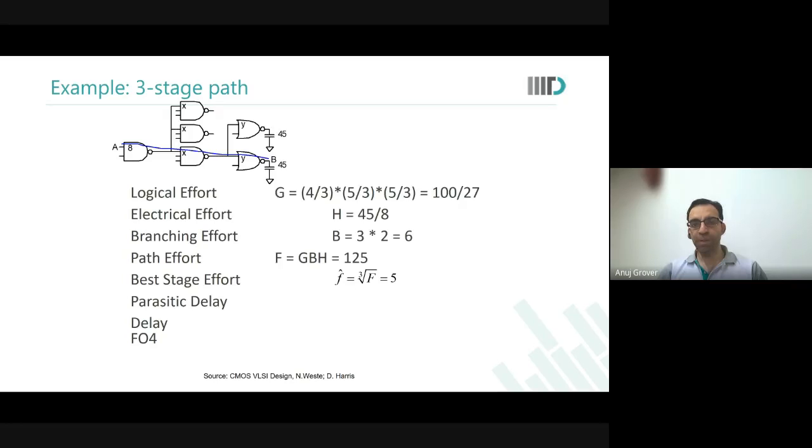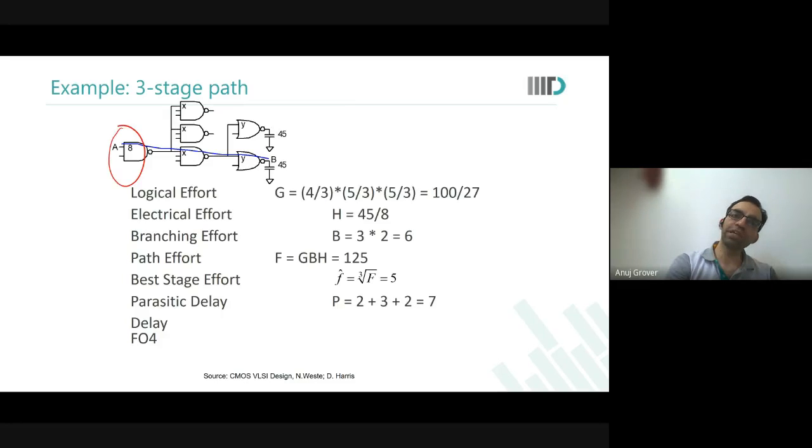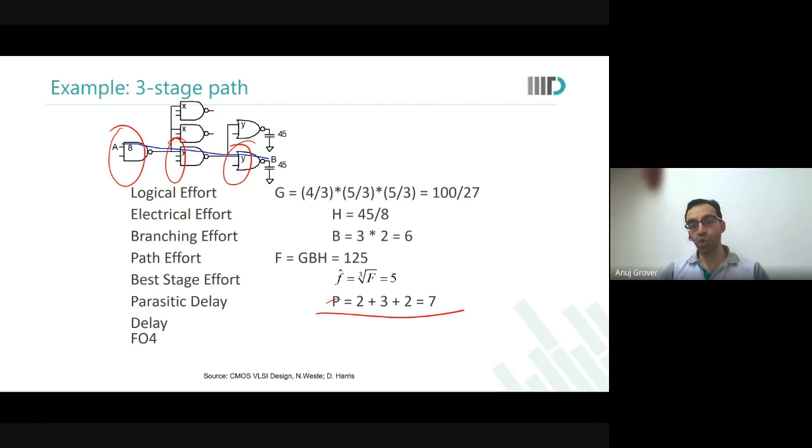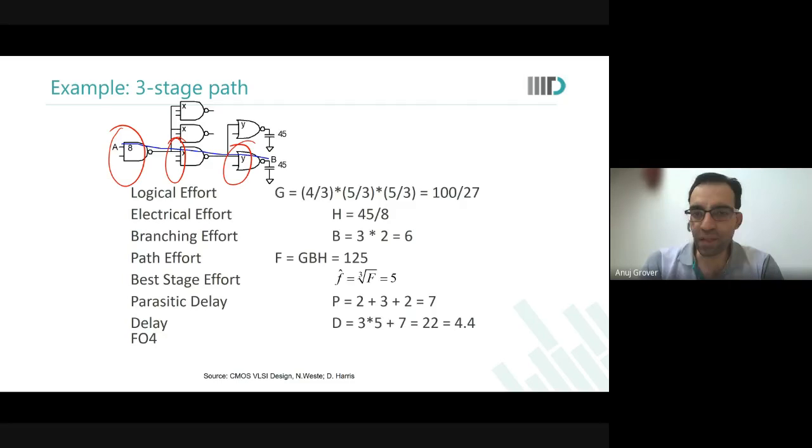And now the parasitic delay is, it's a 2-input gate, 3-input gate, 2-input gate. I say P is 7. Total delay is 3 into 5, because I know that each stage has f of 5. So 3 into 5 plus 7 is equal to 22.